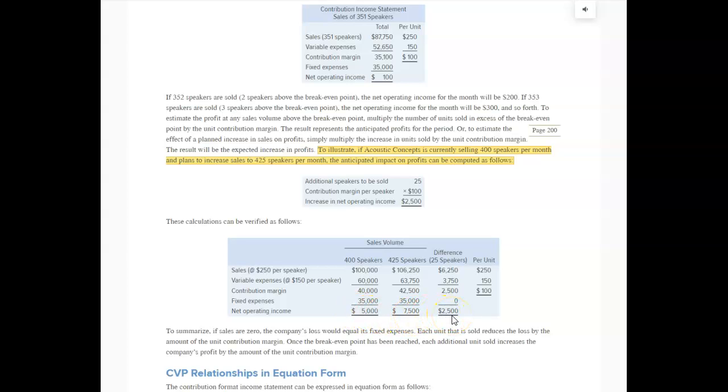There's the $2,500 increase. So this entire cost volume profit analysis is showing you quick ways to get your answer. You don't have to go through these long statements again to find the differences. Once you know more about your numbers, you can quickly calculate the results and then know what to expect if you hit those numbers.